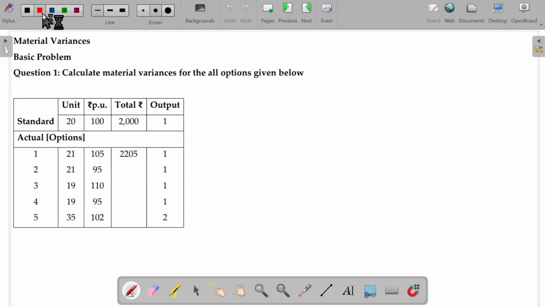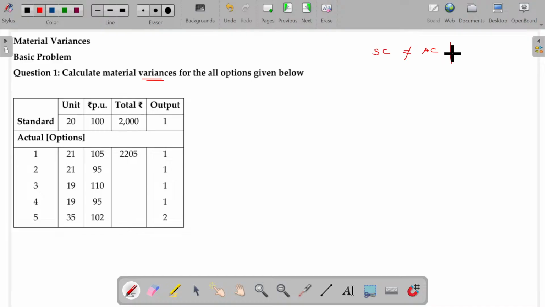Standard costing or variance analysis. Whatever the cost we estimated for production of any commodity, after completion of the production, we will compare with the actual cost. Usually, the standard cost will not match with the actual cost.